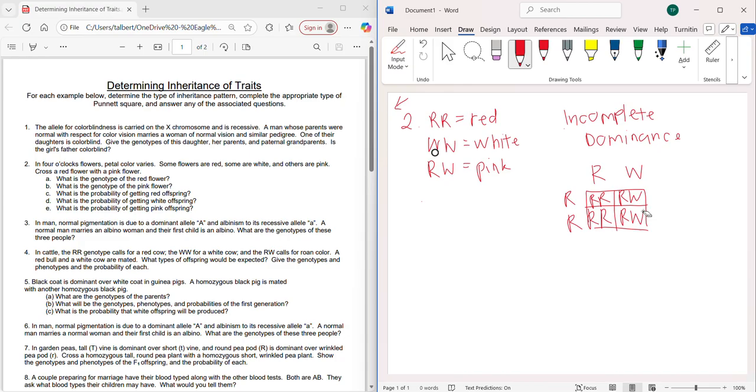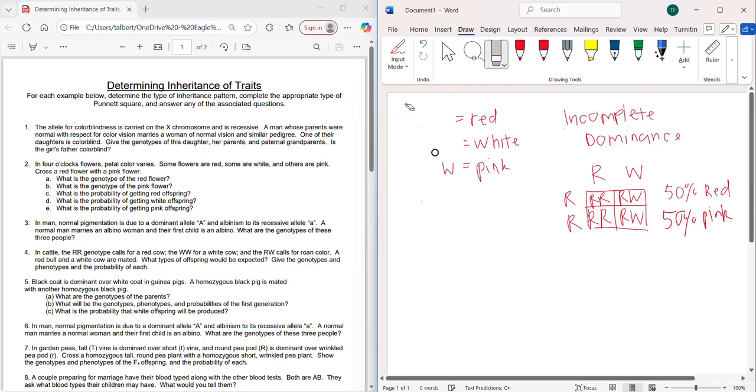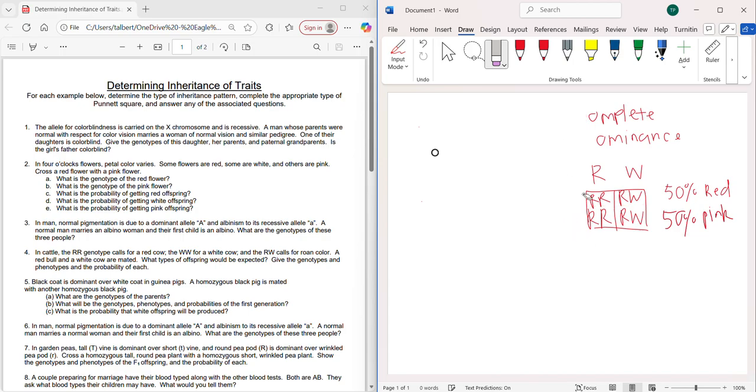And then from that, I'm not going to answer all of the questions, but we do know that this is 50% red, 50% pink. All right. Great. Now let's take a look at the next problem.